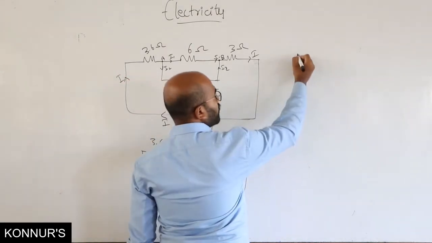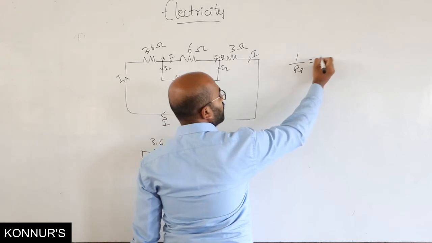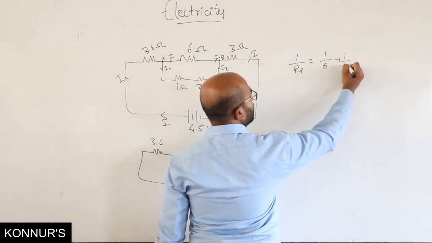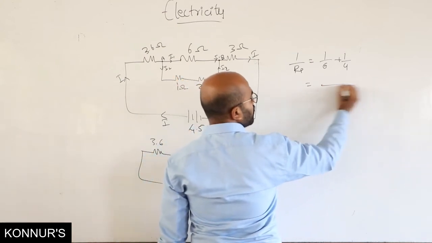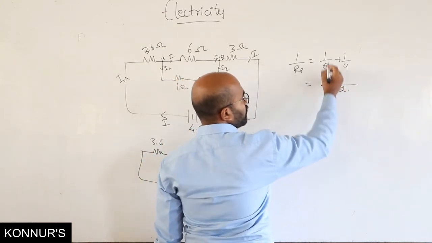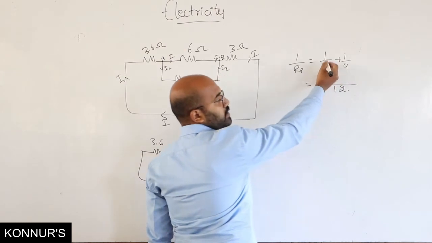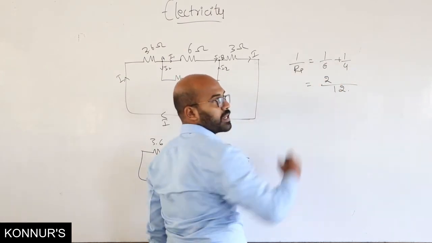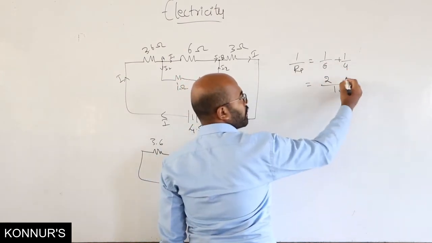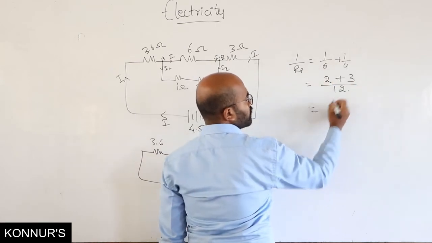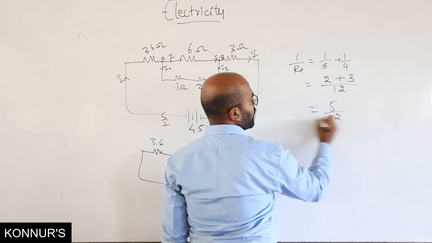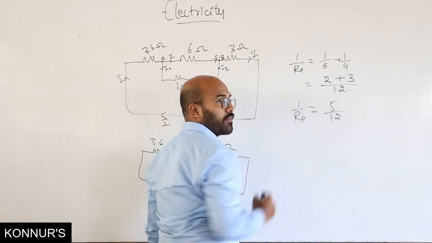That is, if I take 1 by Rp, that is 1 by 6 plus 1 by 4. So what is the LCM? LCM is 12. So if I want to make this 6, 12, I need to multiply with 2. Similarly 4, I need to multiply with 3. So 2 plus 3 is 5, 5 by 12. This is 1 by Rp.